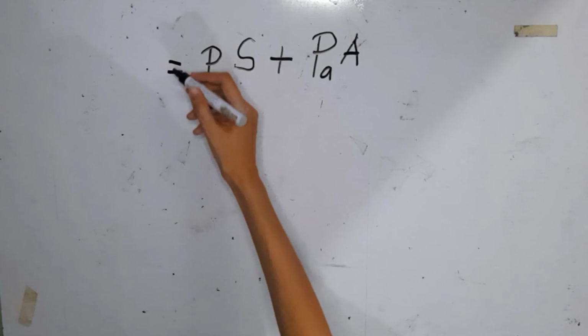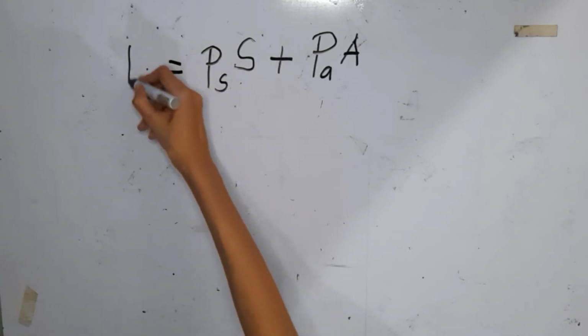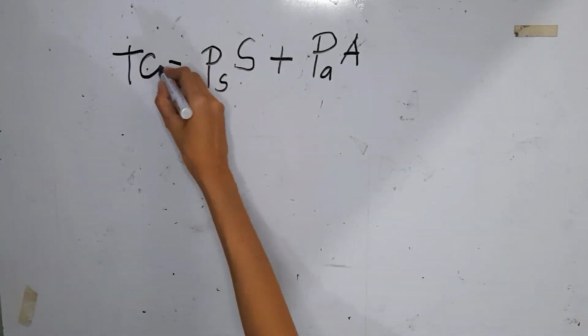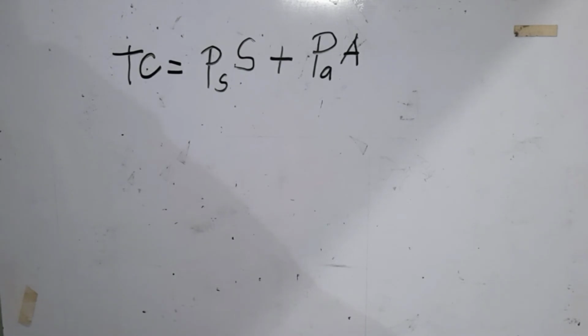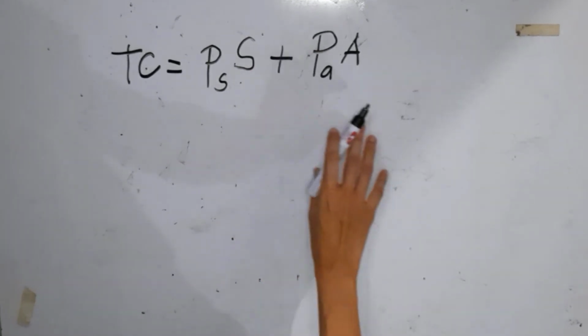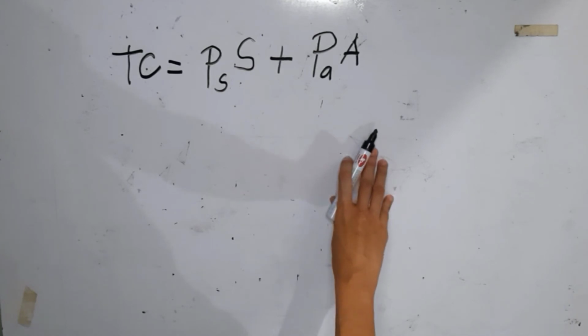So this would equal the total cost, or the sum of the quantities of each input used in the production process times their respective prices. So an isocost line displays all combinations of steel and aluminum with the same cost.